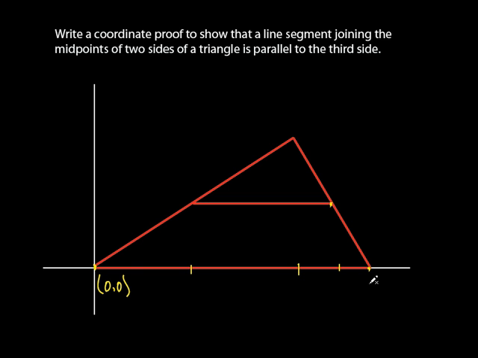So let's do this. I think we'll do it like they do it. We'll call this 2a. So what is the coordinate of this point? It's (2a, 0). Now, if this is 2a, then remember, this is the halfway point.